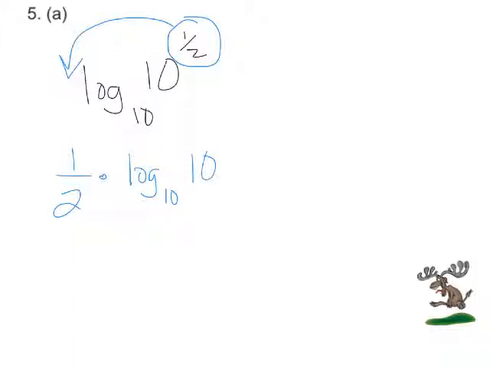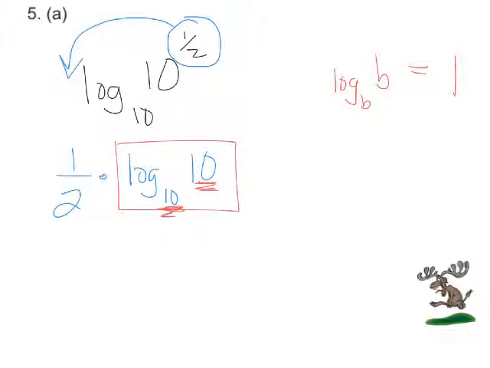Another logarithm rule that we may remember is if our base is the same as the argument, it is equal to 1. So in this instance our base is the same as the argument, so that is equal to 1. And we get 1/2 times 1, which equals 1/2.